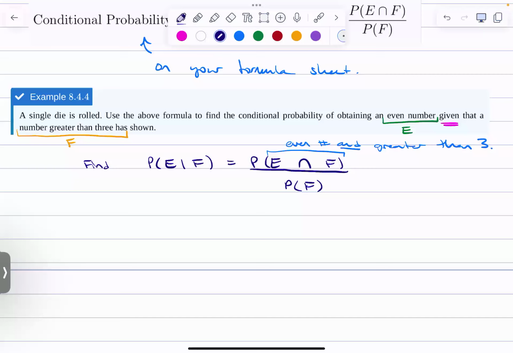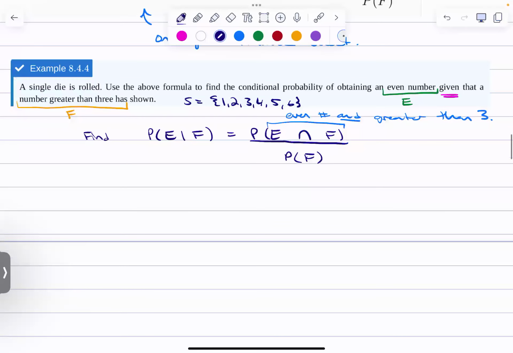If we have our sample space, 1, 2, 3, 4, 5, 6, the probability of being even and greater than 3 is 4 and 6, but out of the total 6. And so the probability of E and F is 2 out of 6.